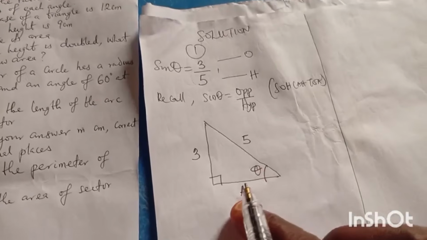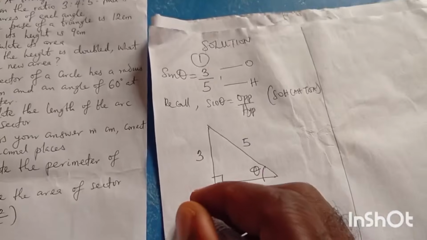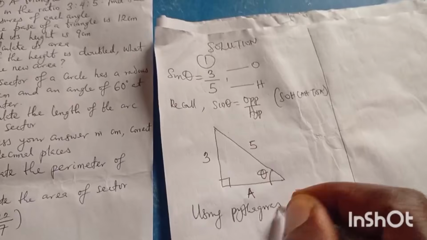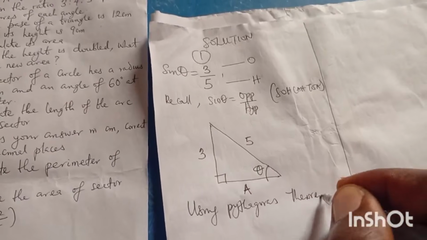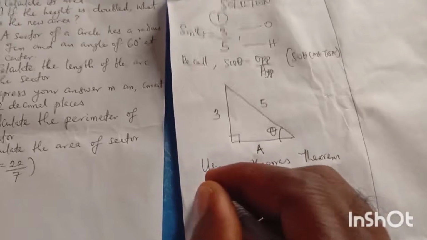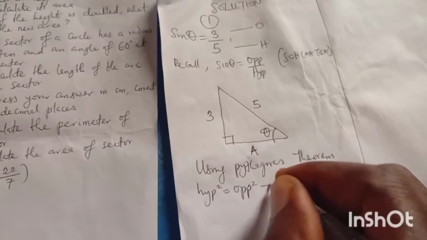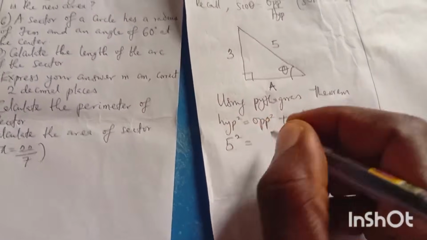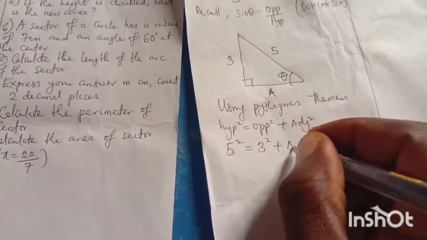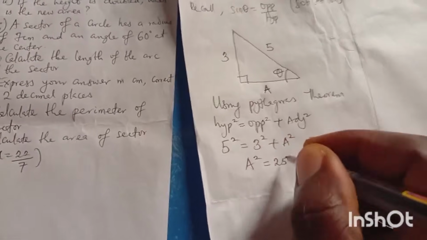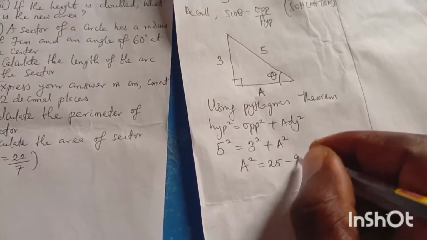All right, now I will continue using Pythagoras theorem. From Pythagoras theorem, we can recall that hypotenuse squared equals opposite squared plus adjacent squared. So 5 squared equals 3 squared plus a squared. A squared equals 25 minus 9.